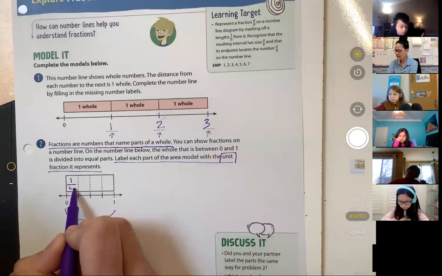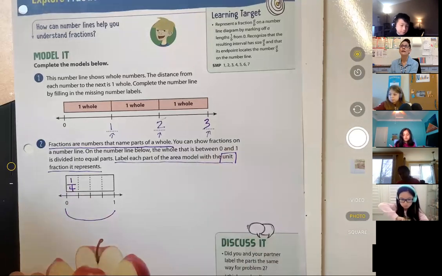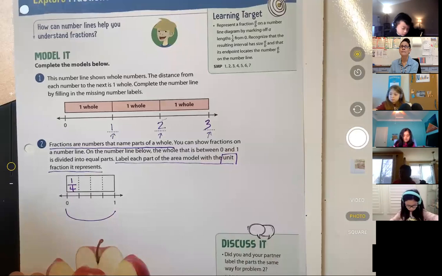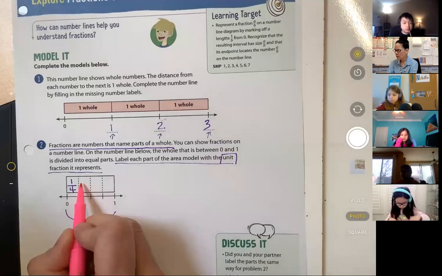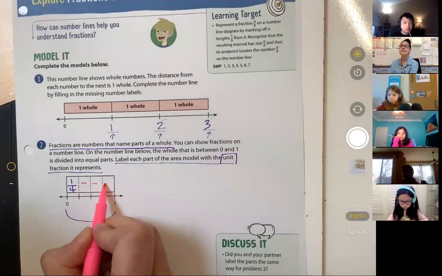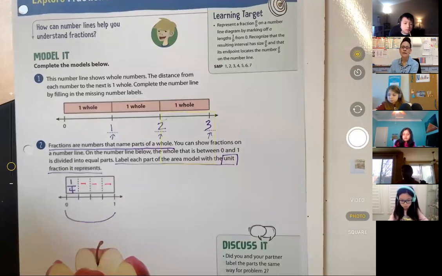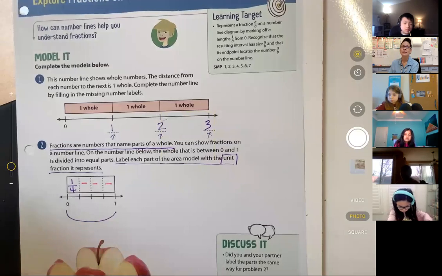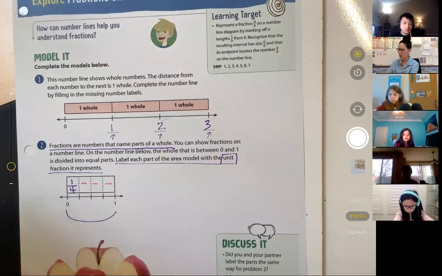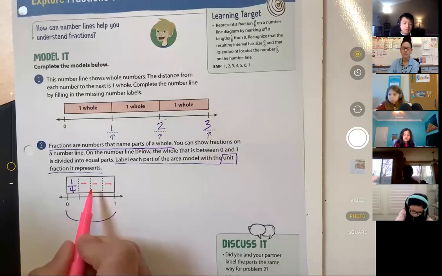This section is what we call 1/4. Why? Because this area model is broken up into fourths. The rules of fractions state that the denominator represents the number of equal parts in the whole. So we know that it's 4.